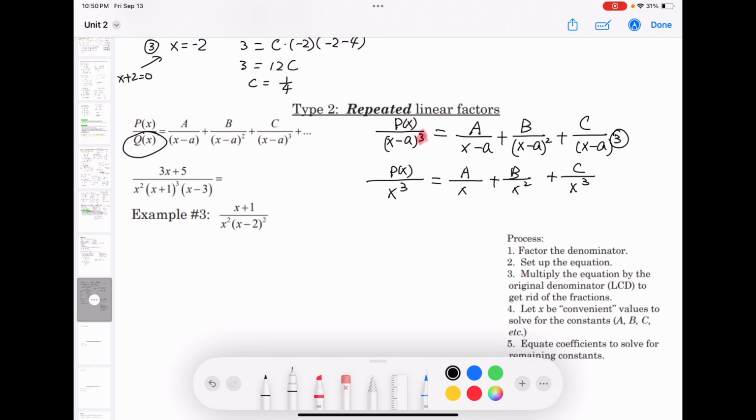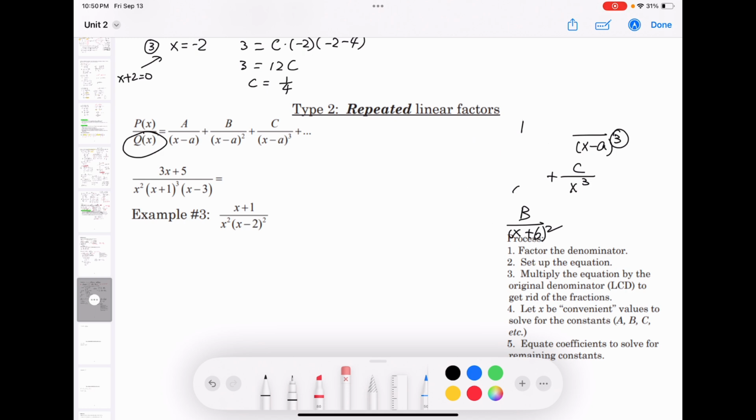How about P of x on the top divided by x plus 6 squared? It is A over x plus 6, plus B over x plus 6 squared, until I meet the power, which is squared.